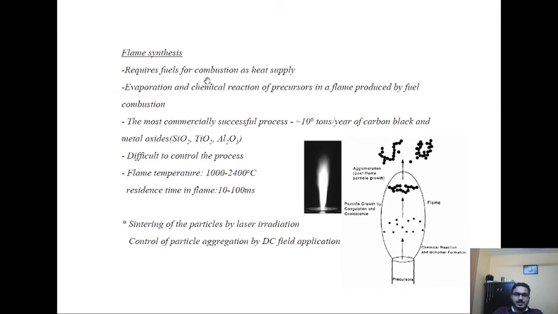Next is flame synthesis. It requires fuel for combustion as a heat supply. Evaporation and chemical reaction of precursors occur in a flame produced by fuel combustion. This is the most commercially successful process, in which 10⁶ tons per year of carbon black and metal oxides are produced.